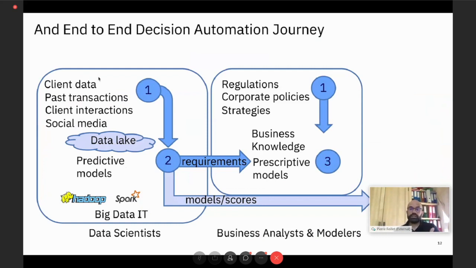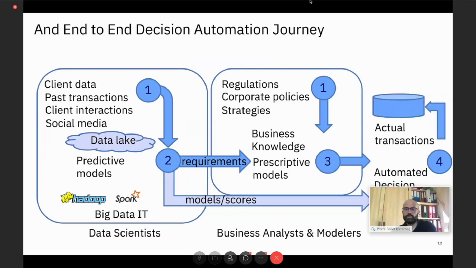And in some cases, from the predictive models, clients are building database tables, score tables, and they are reading these score values from the production system. So this is one way to translate the predictive model into something that organizations and IT can put in production rather easily. So we automate the business, we automate the decisions.